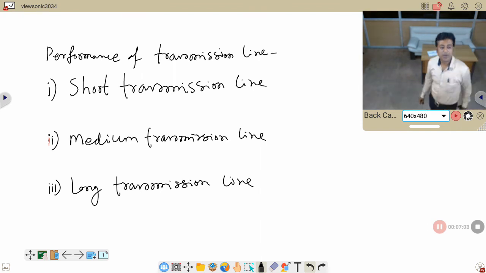These are the three categories of transmission line.